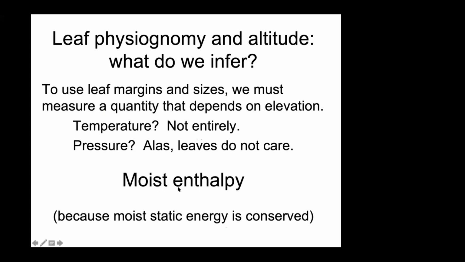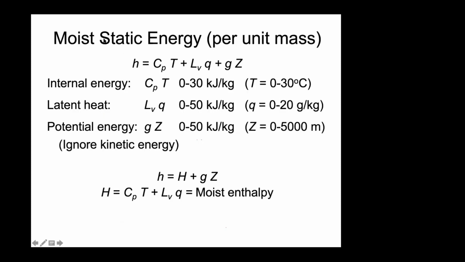And so what's used is moist enthalpy. So what's moist enthalpy? First, there is a quantity, moist static energy, it's per unit mass. This is conserved in the atmosphere as parcels of air move around in the atmosphere. Of course, radiation will change this, but that's a slow process with a time constant of weeks.